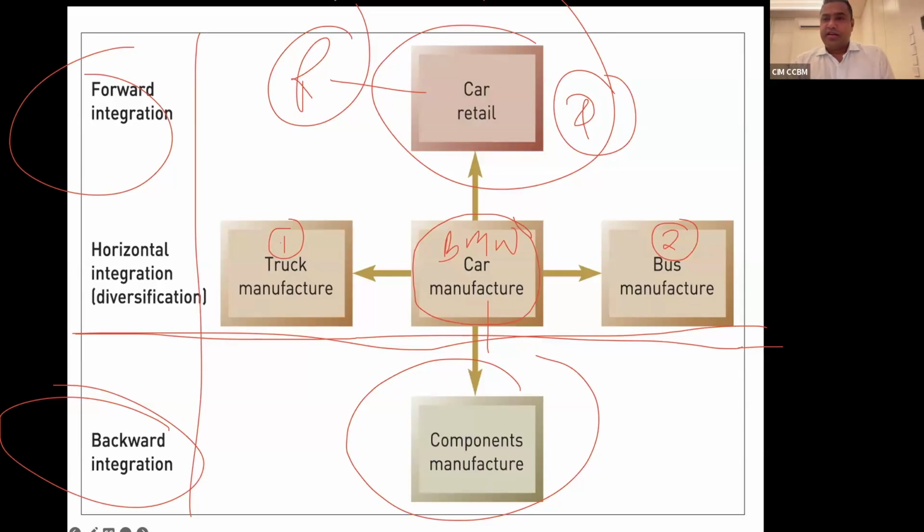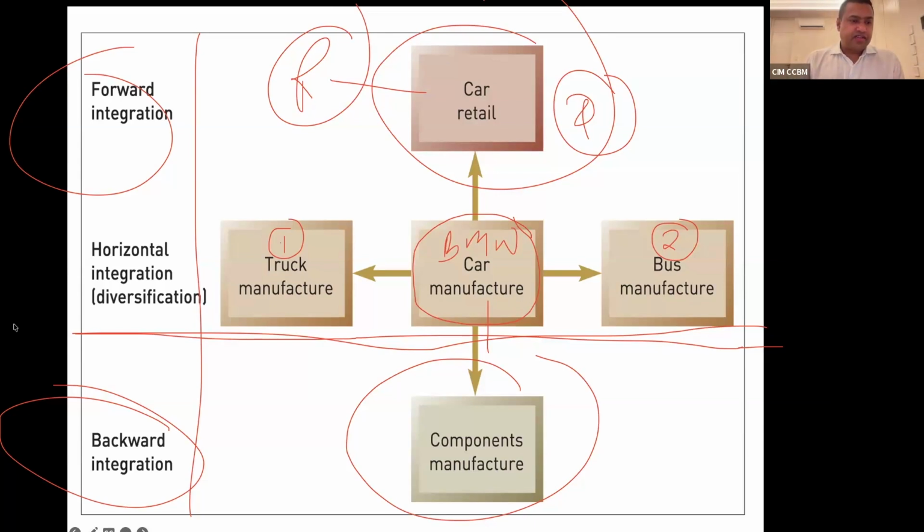Then that becomes forward integration. Or if Cargills go to some town and buy the biggest grocery there, right? So that is called forward integration, not backward integration. I hope it is clear.